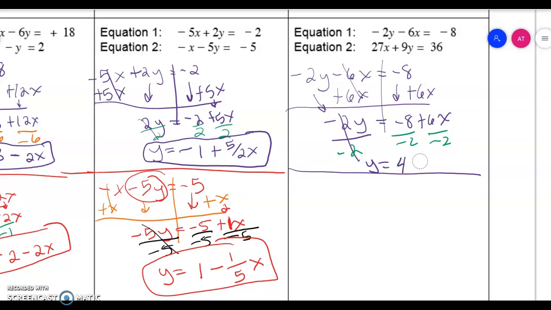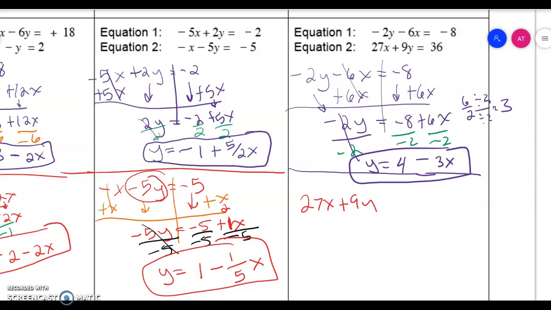And a negative divided by a positive is a negative. 6 over 2 can actually be reduced to 3. So I have -3x. Okay, so again, let's pause the video, see if you can solve it.